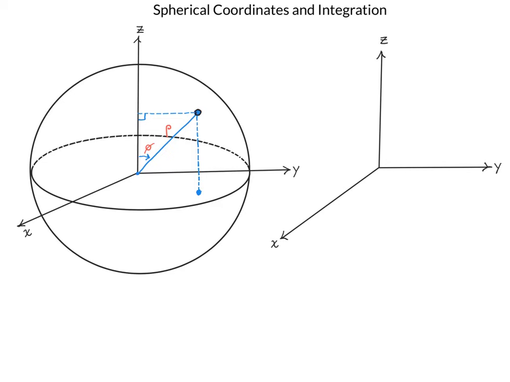And I'm going to draw another line from the origin out on the xy plane out to the point on the xy plane, which is the shadow of the point, the actual point above on the plane. And let's dash this line.